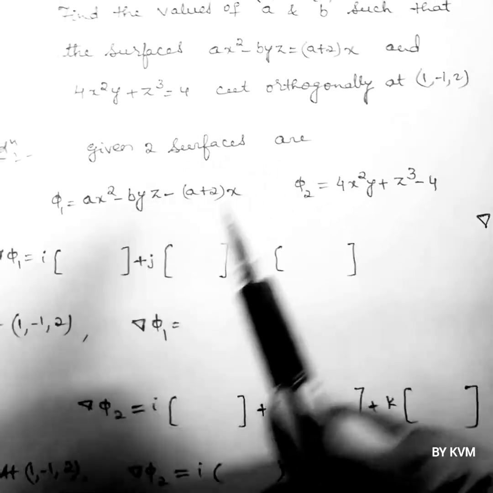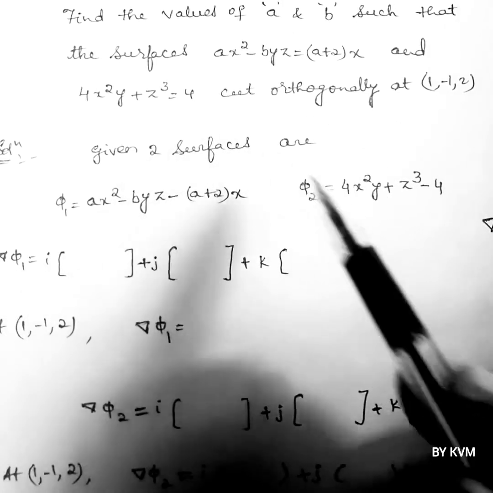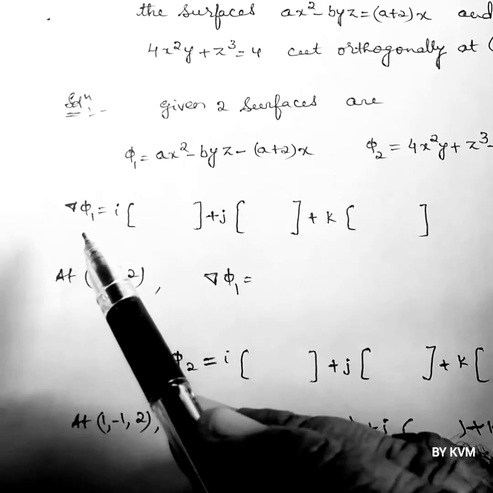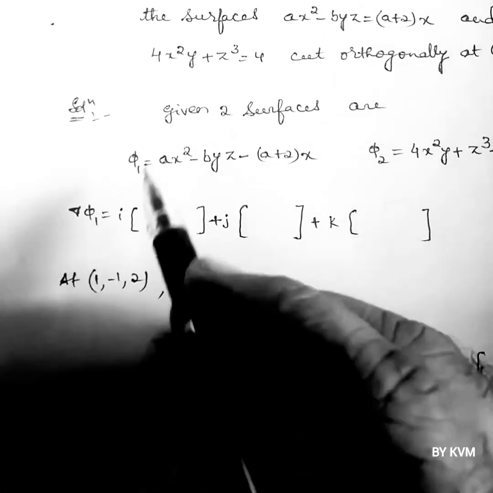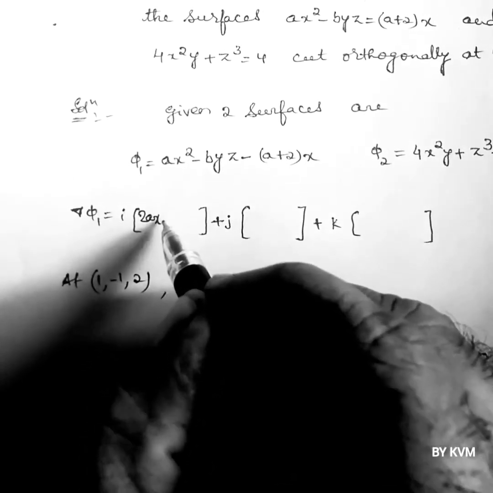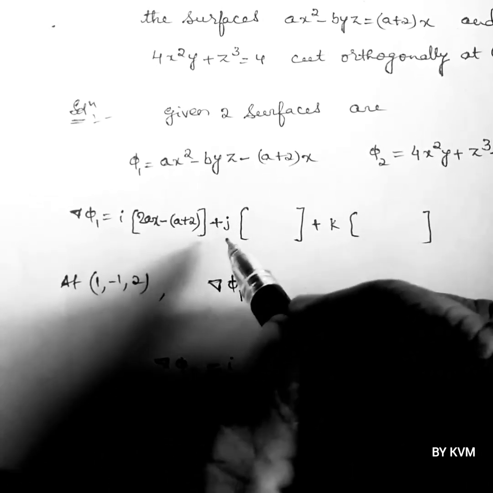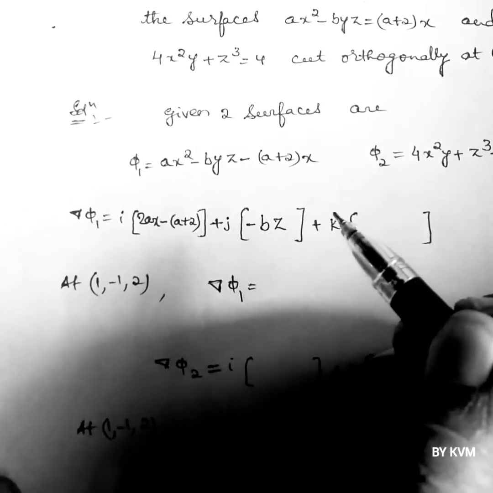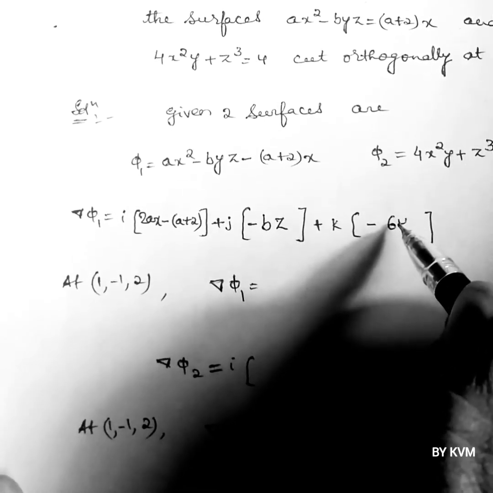So given two surfaces are, take the first surface as phi 1 and second surface as phi 2. So now find del phi 1. So del phi 1 is i into differentiate partially with respect to x, we get i into 2ax minus of a plus 2, plus j into minus bz, plus k into minus by.